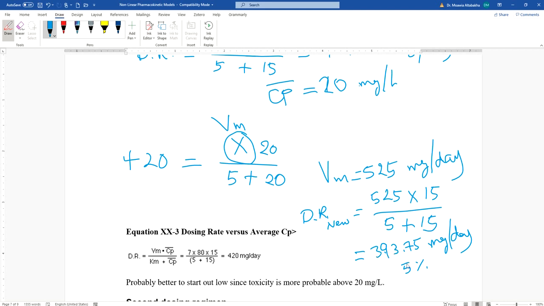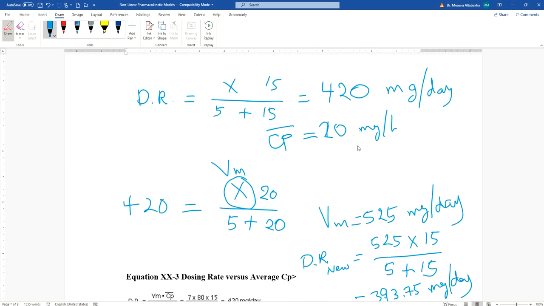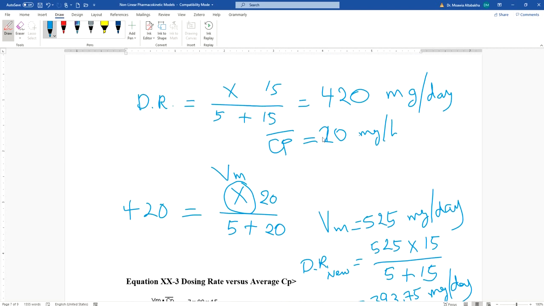But I am expecting that the average concentration will decrease from 20 to 15. This decrease is about 25% in concentration.